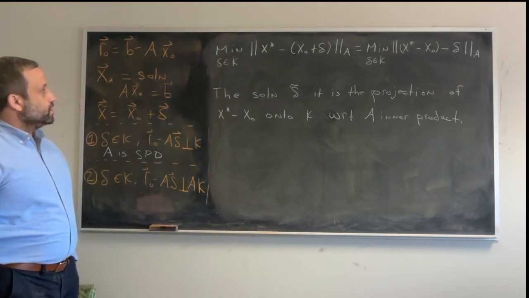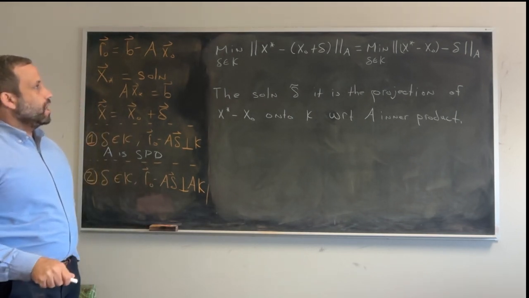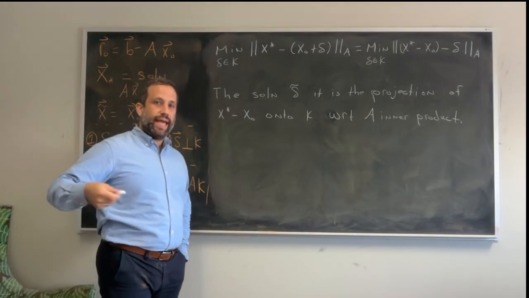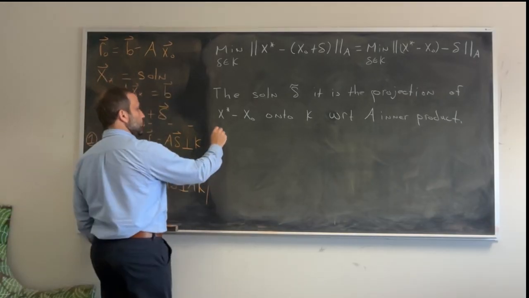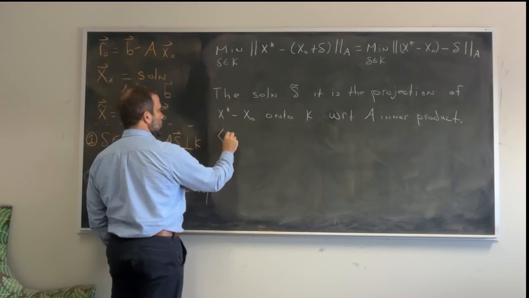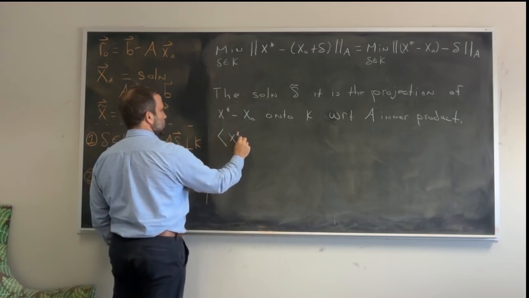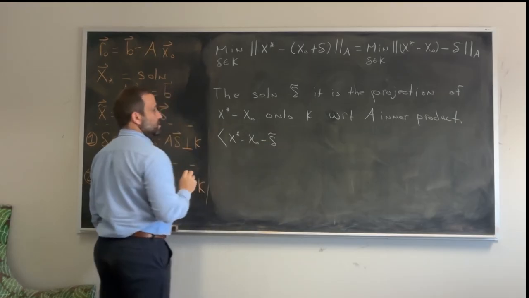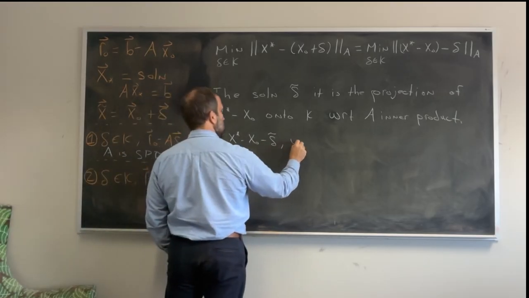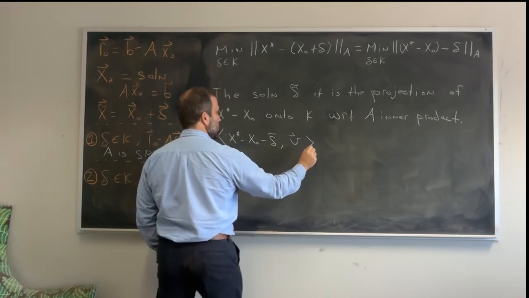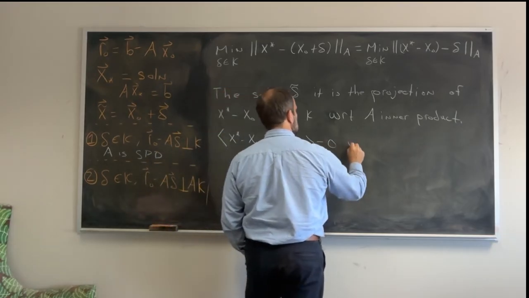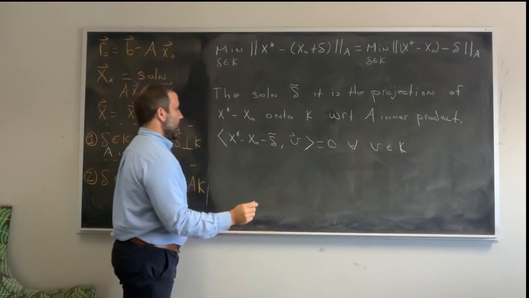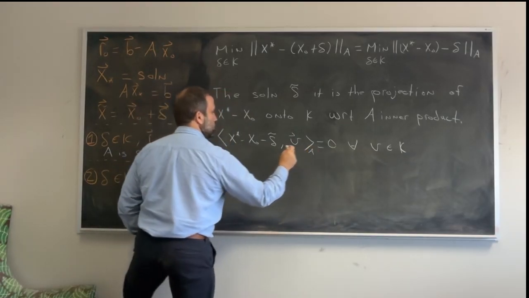So in other words, it means that x star minus x naught minus delta is orthogonal to K in the A inner product. We need the residual vector, x star minus x naught minus delta, to have inner product equal to 0 with all V in K, and again this is relative to the A inner product.